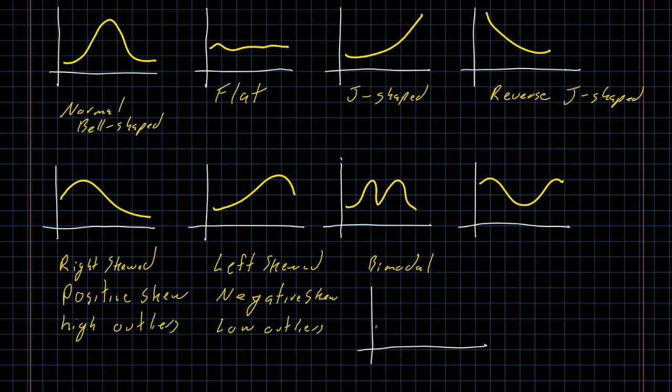A fairly common distribution is one where you have a small peak and a large peak, or sometimes the mirror image of this. But the fact that you have a peak and you have another peak, and there's this dead zone in the middle where you have very few data points is the key feature of a bimodal distribution.